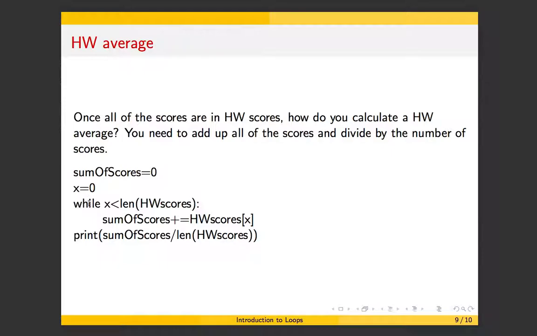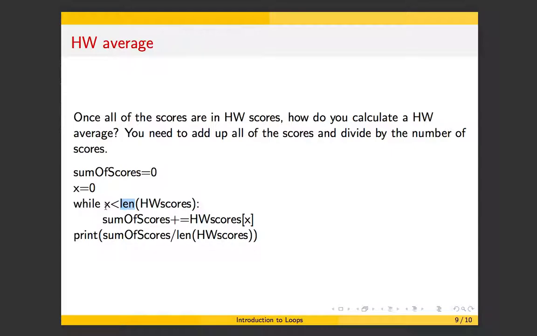So let's look at the structure of this loop. As long as x is less than the length of the list of homework scores, right? Recall, homework scores is a list whose elements consist of individual scores on homework assignments. So if you have 10 homework assignments, this length is 10. If you have 20 homework assignments, this length is 20, right?